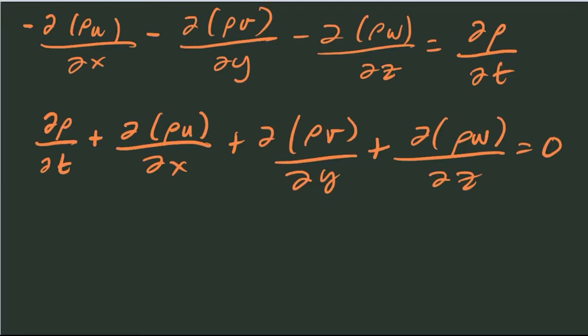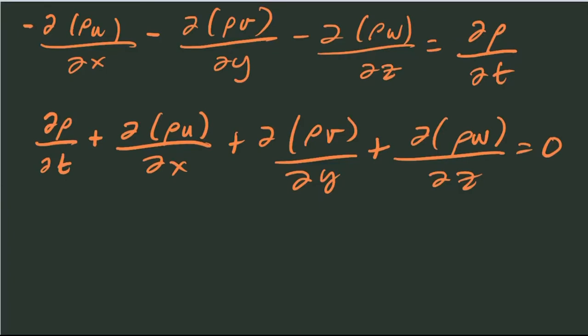This just means that your change in density with respect to time plus the momentum flux in the 3 dimensions, when you add it up, it is conserved or it is equal to 0.